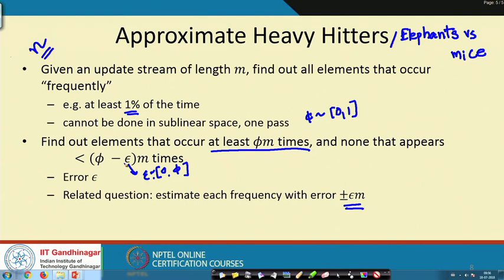What we will say is that if the actual frequency of an element x is f x, we will give you some f hat x such that f hat x and f x are not too different, which means that they differ by at most plus minus epsilon m. And this statement again is not formal. The exact form of the statement will depend on the particular algorithm that we will give, but this is more or less what we want to do. And this is the version of the question that we will actually tackle.